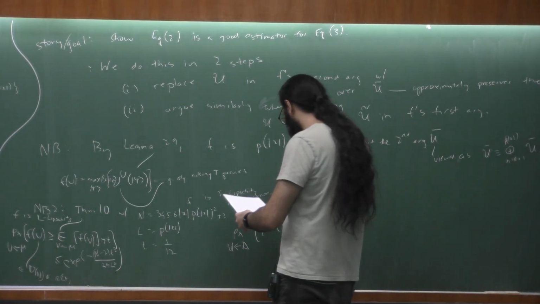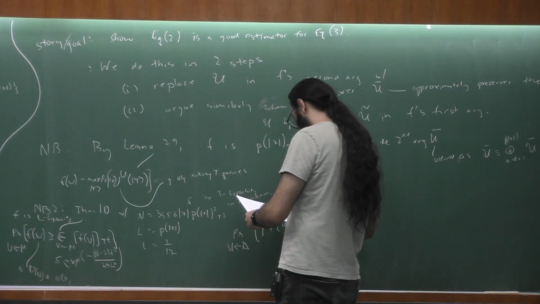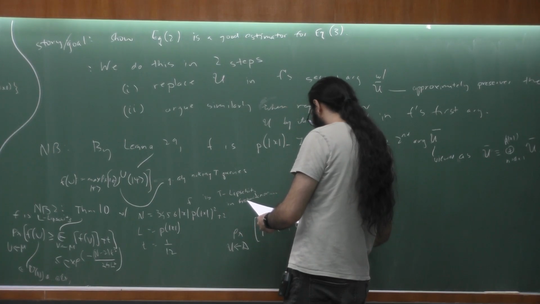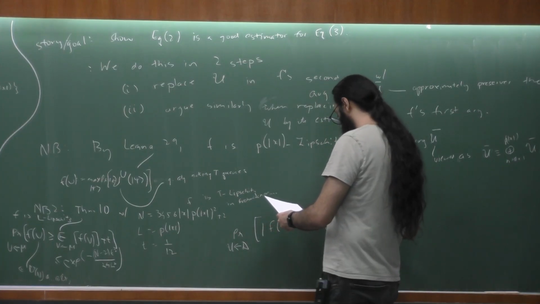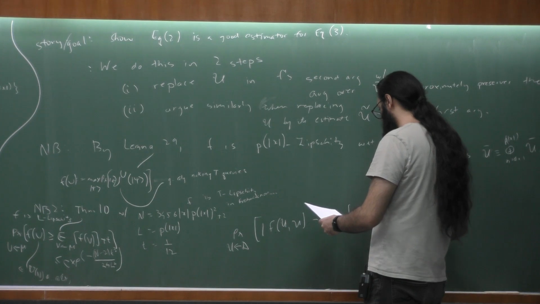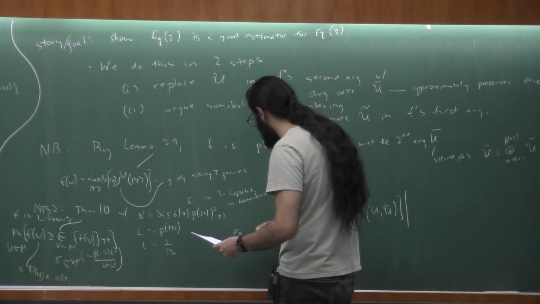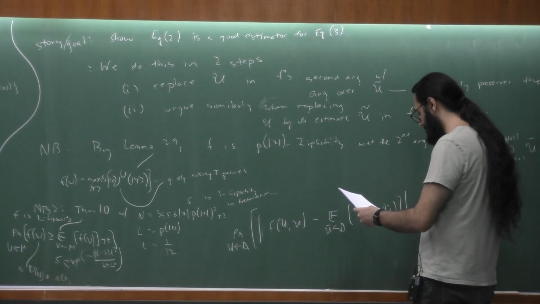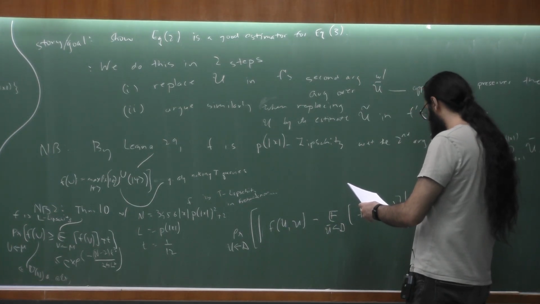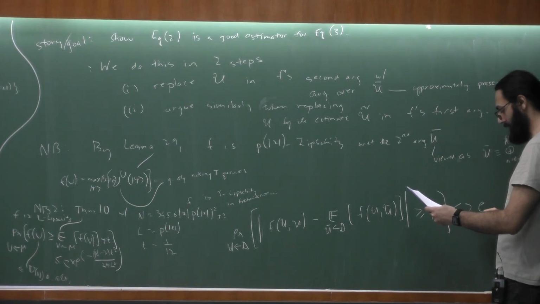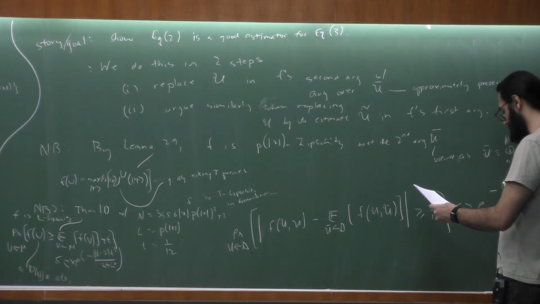Okay. So when you plug this in, the probability that |f(U, ū) minus expectation over ū from T of f(U, ū)| is greater than 1/12 is at most 2 e to the minus (n minus 2) t squared by 24L.